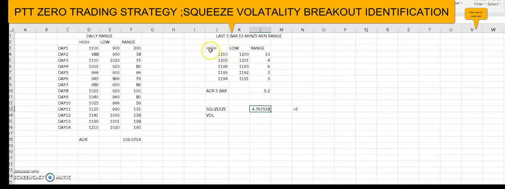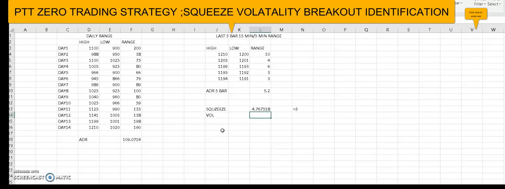Calculate the range of the last 5 bars and divide it by the master ADR. The formula is 100 times the 5-minute ADR divided by the whole ADR. This value has to be less than 5 to be eligible for the breakout, to identify the squeeze area.